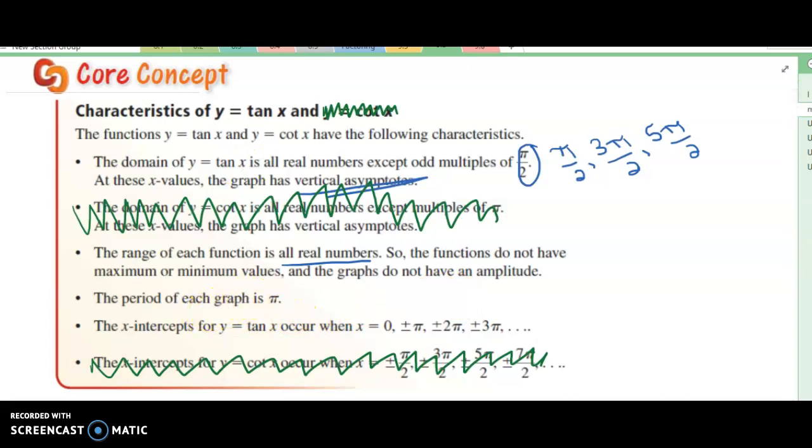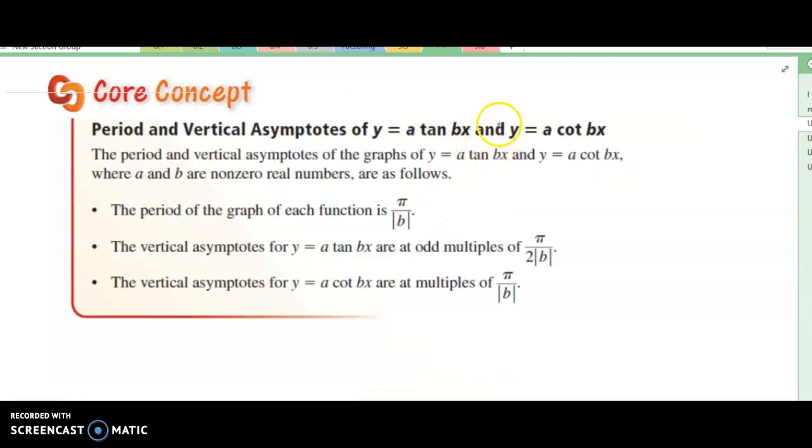The period for the parent function is different than sine and cosine. The period is pi. And then the x-intercepts would be plus or minus pi, plus or minus 2 pi, plus or minus 3 pi, and so on. Just a few more things. Once again, we're not doing cotangent.